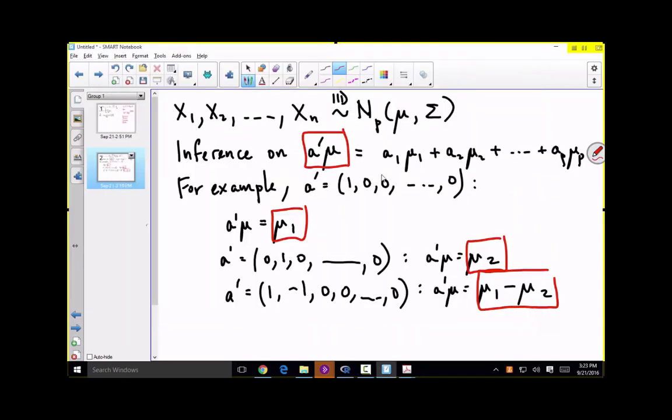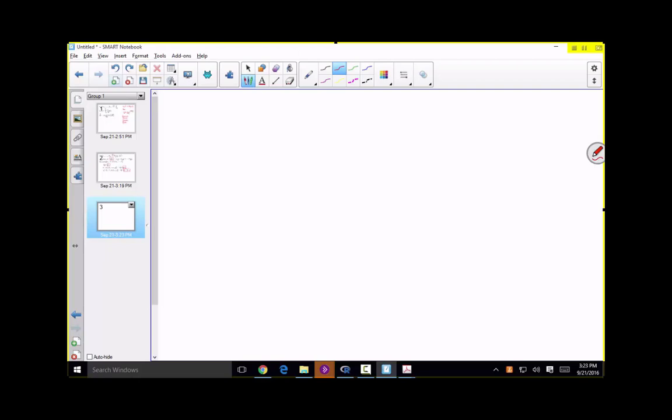Let me come back here for a moment. We were talking about A transpose mu, which we would estimate as A transpose x bar.